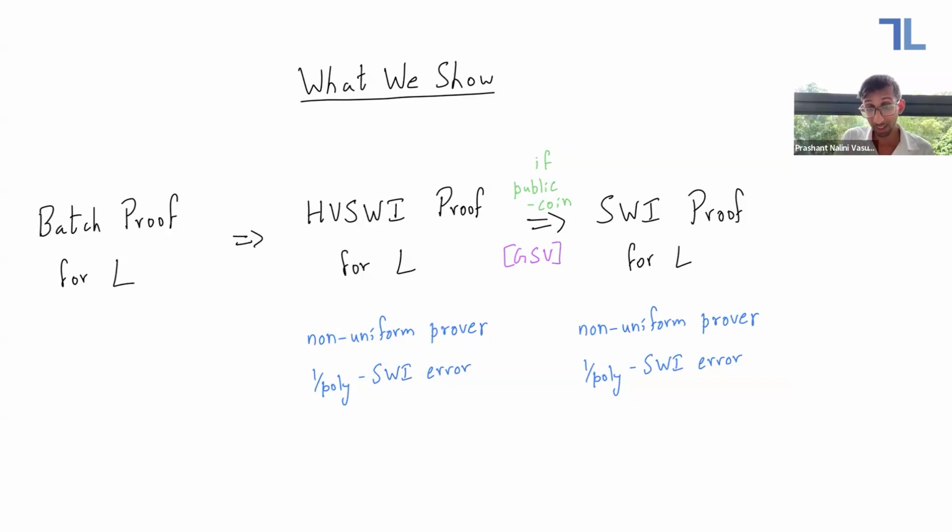If your batch proof is like that, and a lot of interesting proof systems are like that, maybe not batch proof systems, but interesting proof systems in general, then the honest verifier SWA proof you get remains public coin, and then you can use some well-known transformations between these kinds of proofs to modify the protocol in such a way that it also works for any verifier. You can get a general SWA proof for the language. It doesn't have to be honest verifier.